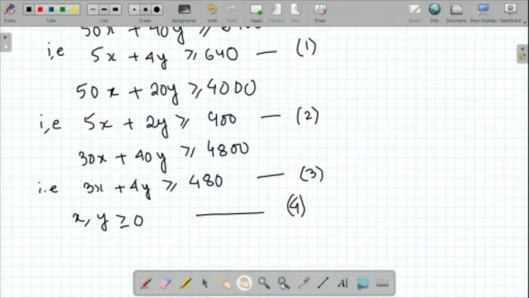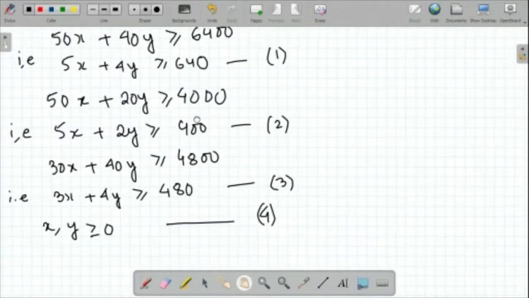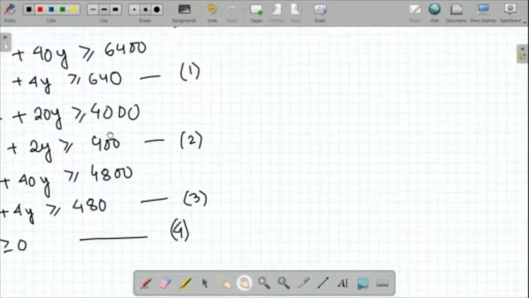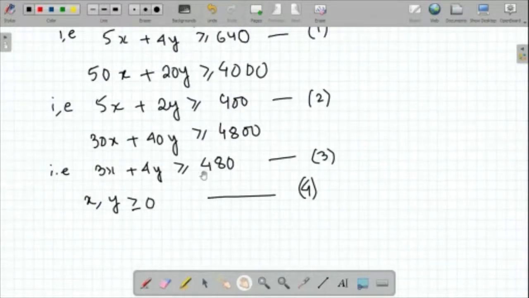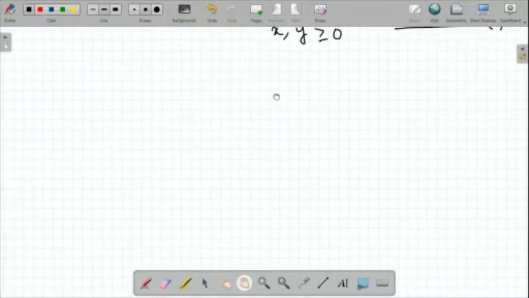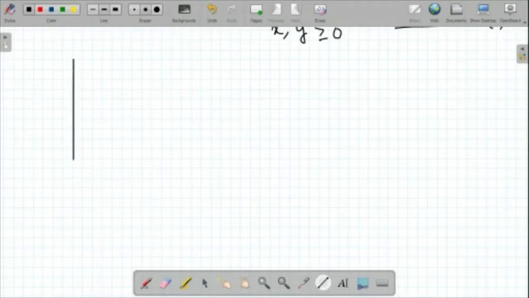Okay, let's draw the graph. So let's try to draw the graphs.